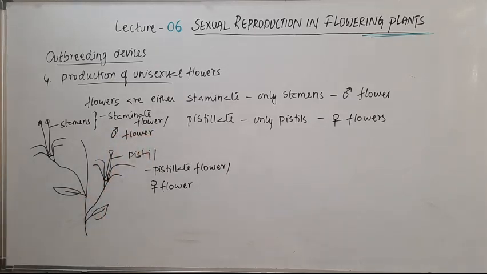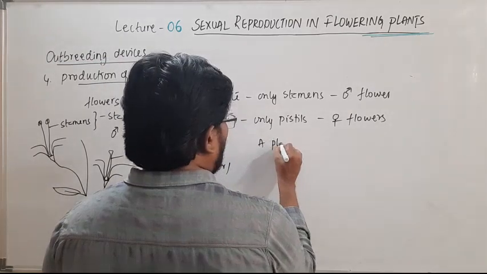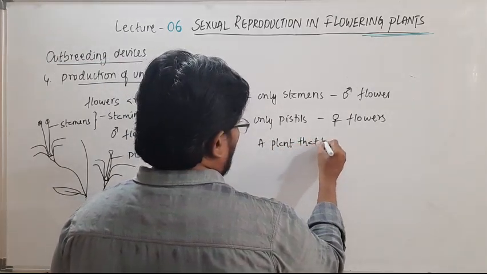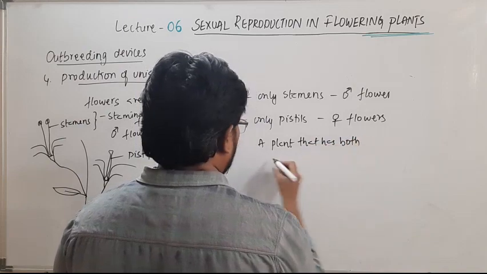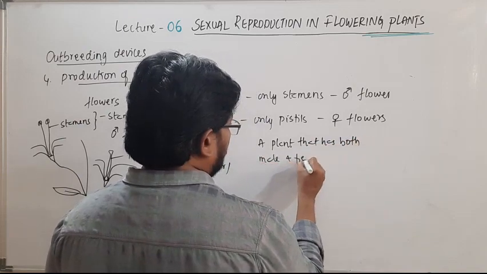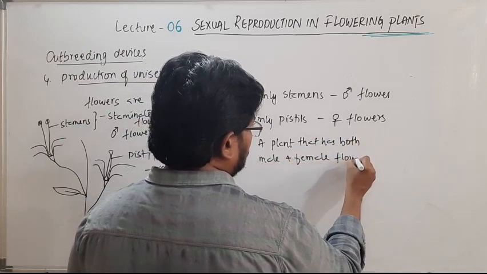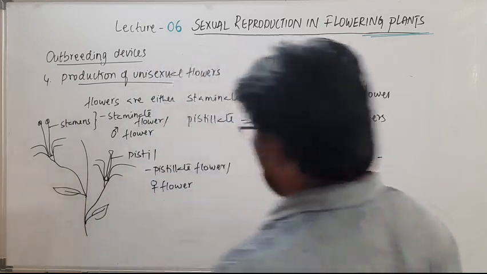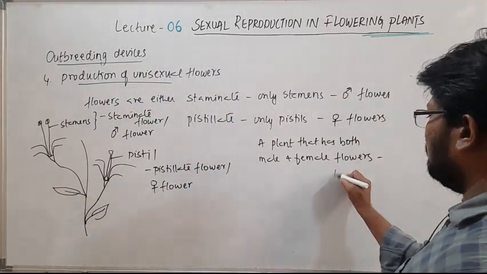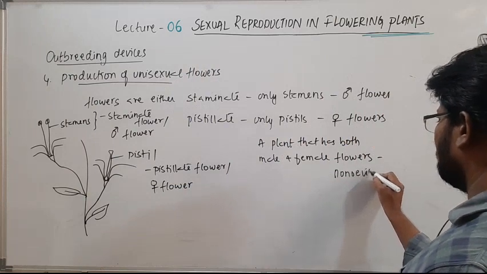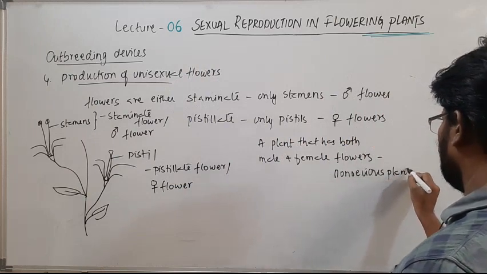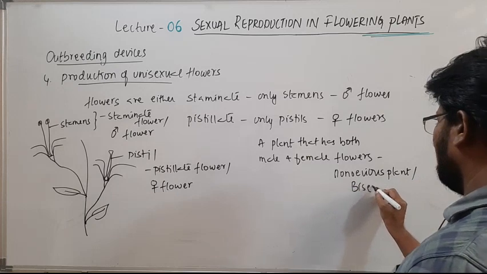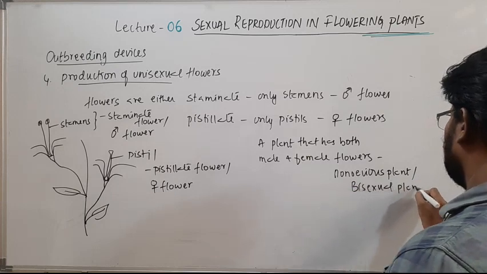Now a plant that has both pistillate as well as staminate flowers is actually a monoecious plant. So a plant that has both male and female flowers, we call that plant a monoecious plant, or I can say it is a bisexual plant.